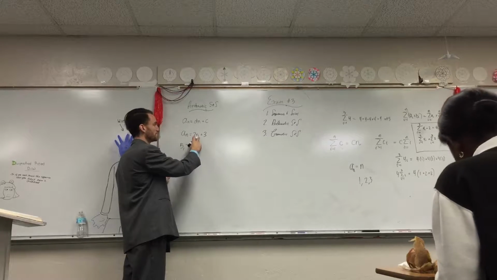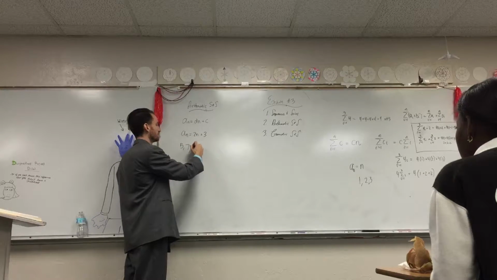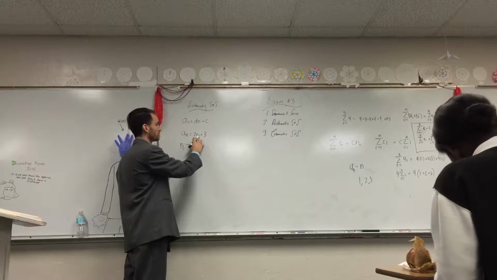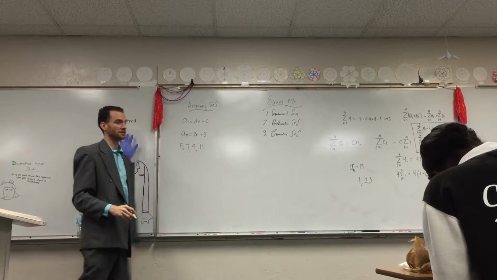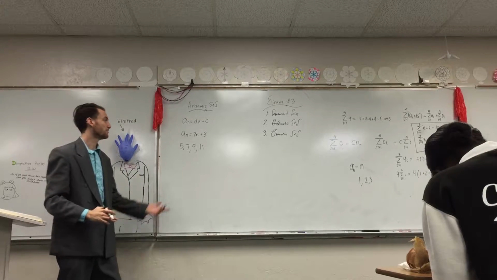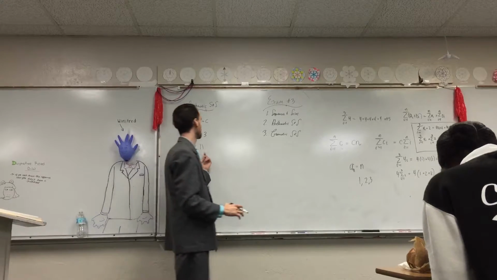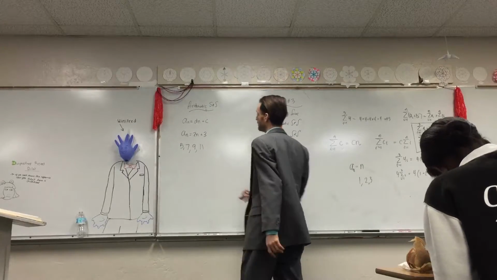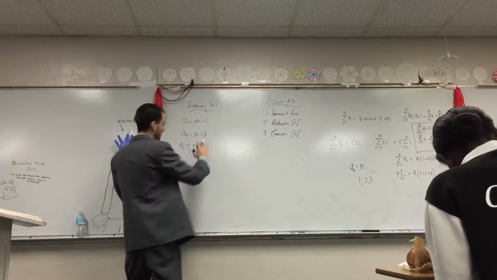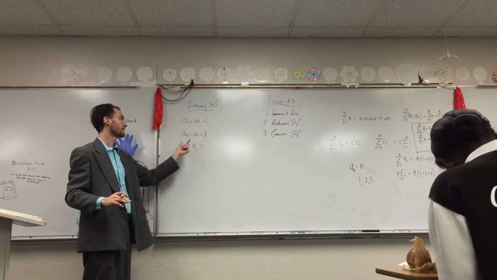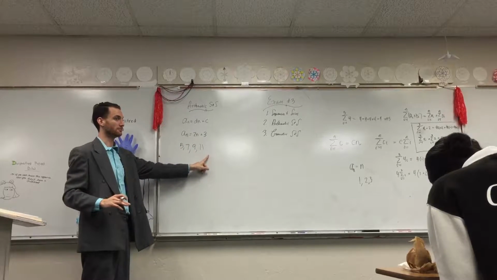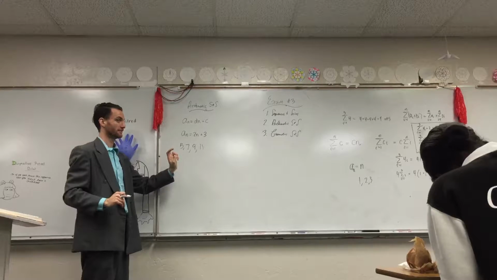Third term, 2 times 3 is 6, plus 3 is 9. Fourth term, 2 times 4 is 8, plus 3 is 11. You can see I'm adding what each time? 2. That's what makes it an arithmetic sequence, okay? The difference between the numbers, and you guys might remember this, if I had some constant multiplied by n, then it means I'm just adding that number each time, right?